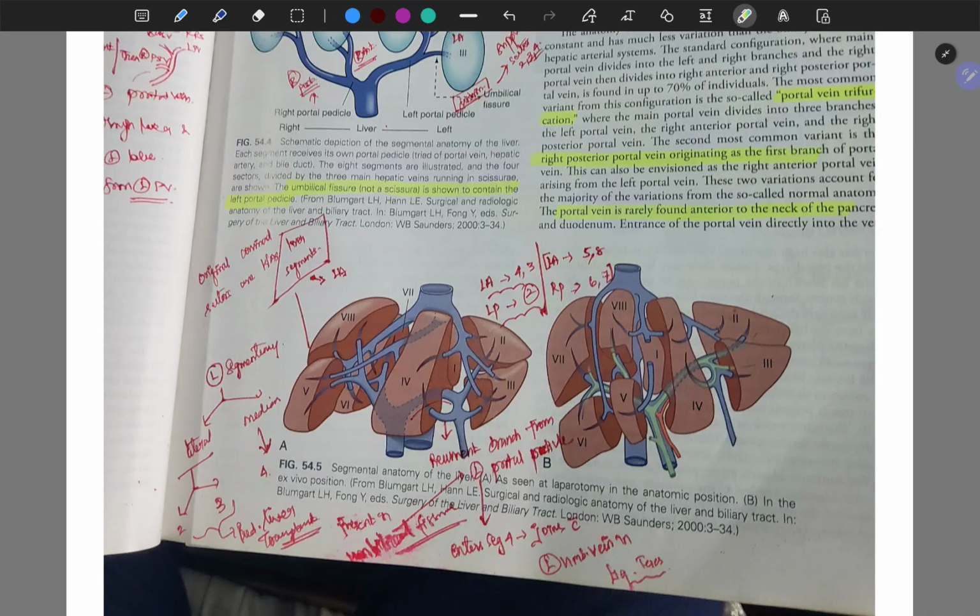A very important point I want you to remember is the ligamentum teres. In the ligamentum teres, you will be having the left umbilical vein. The recurrent branch from the left portal pedicle enters segment 4 and joins with the left umbilical vein.